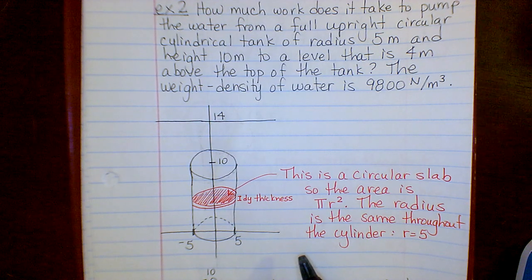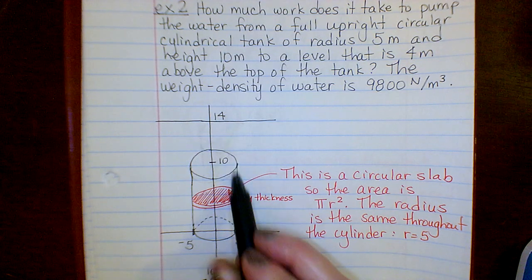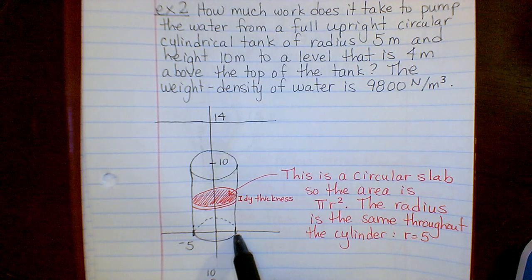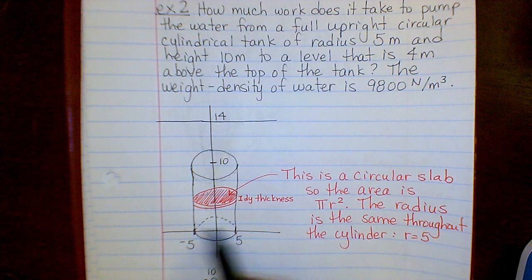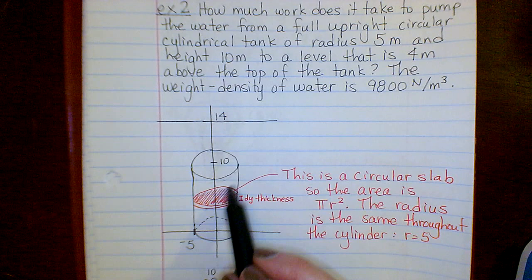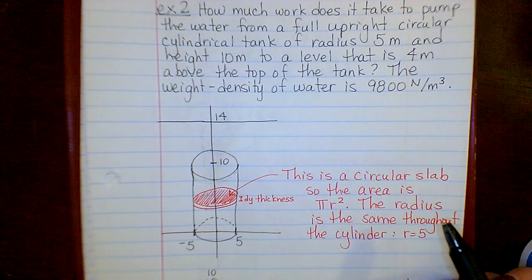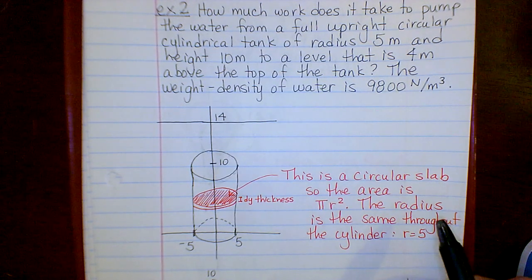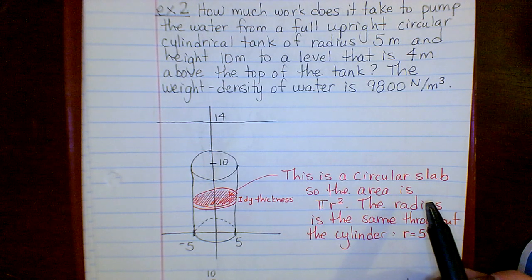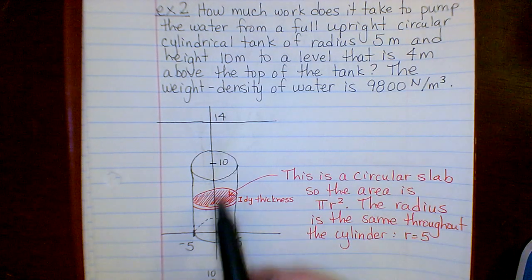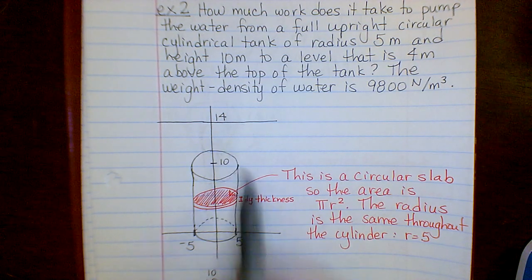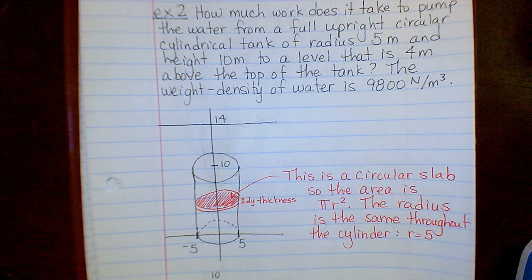Because it's a circle and it's the same throughout, like a circle down here has the same radius as a circle up here, then we know that the area of the circle is pi r squared, the radius being 5 throughout here, means that the area is going to be pi times 5 squared.